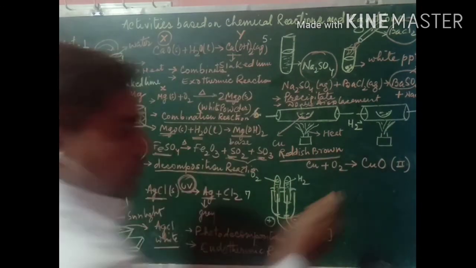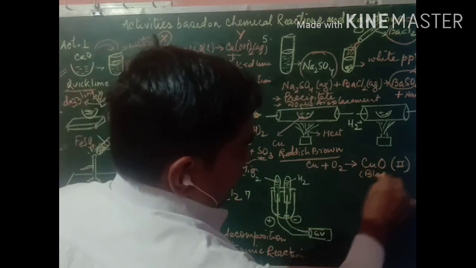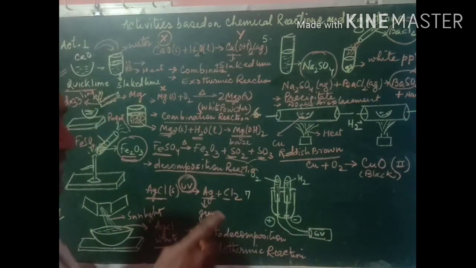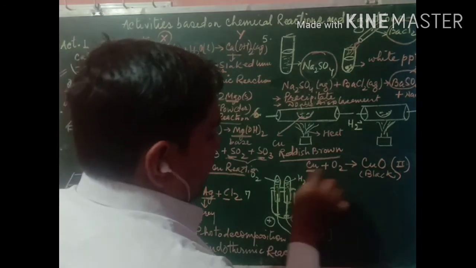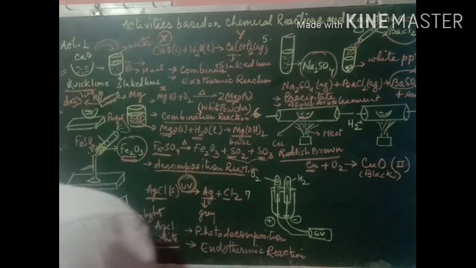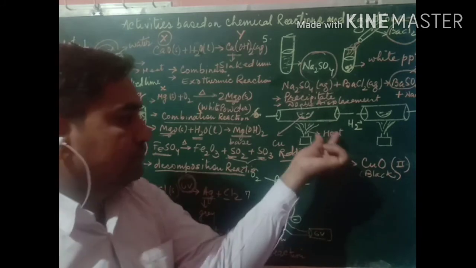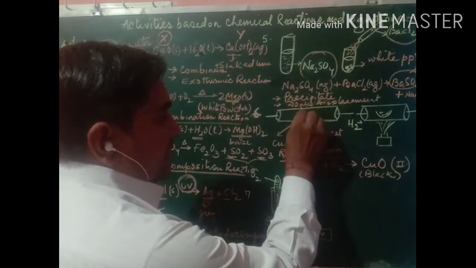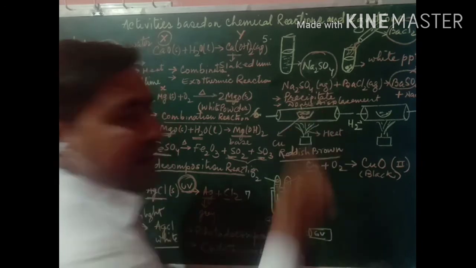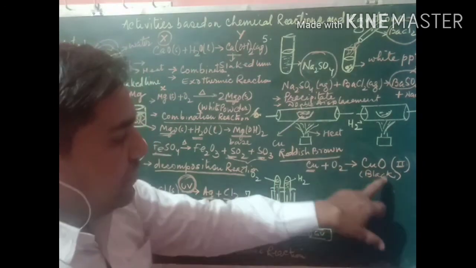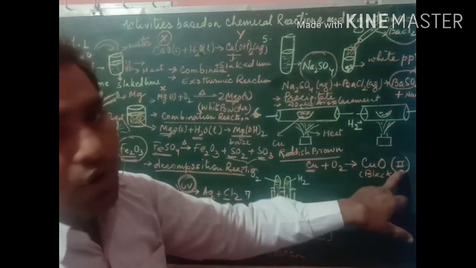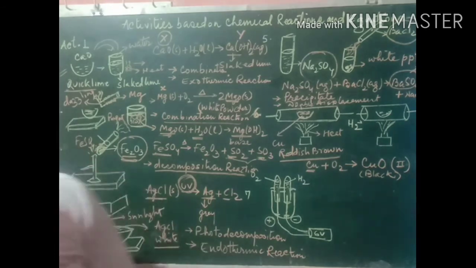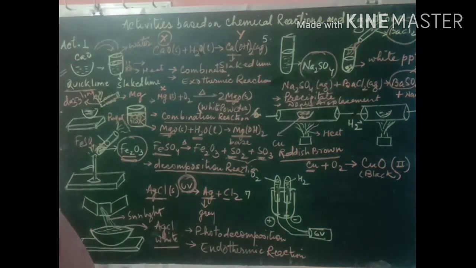Remember, this is black in color. So when copper was heated in the presence of oxygen or by a spirit lamp, a black layer is coated on the copper powder, and that's why a black substance, copper(II) oxide, is formed there.